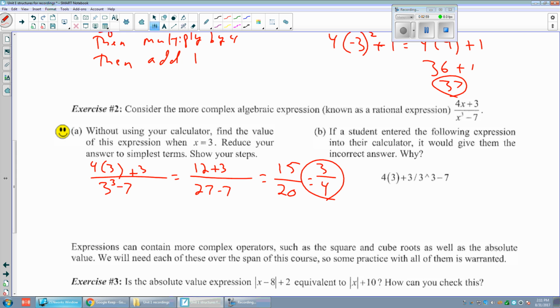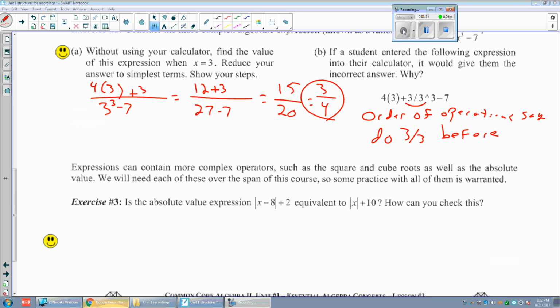If a student entered the following expression into the calculator, why would it give them the wrong answer? It looks the same. No, it's not, because order of operations says do 3 divided by 3 before adding it to 12.